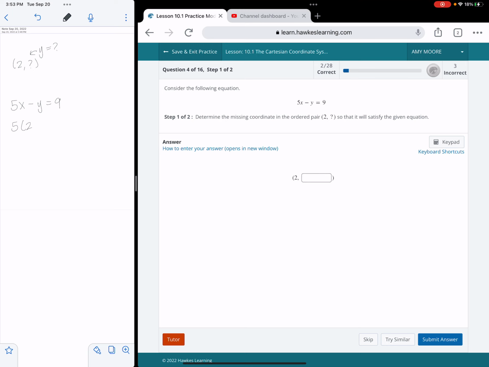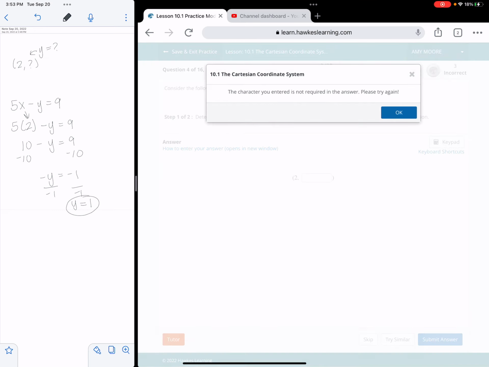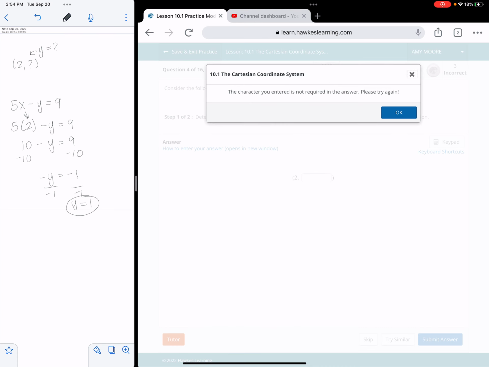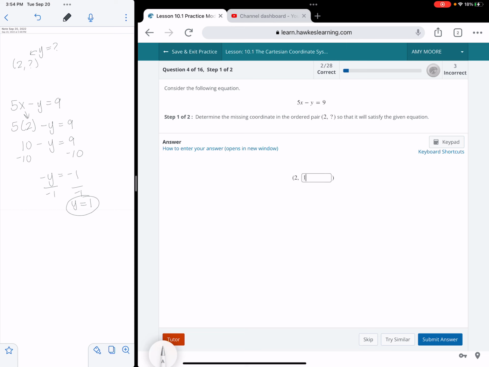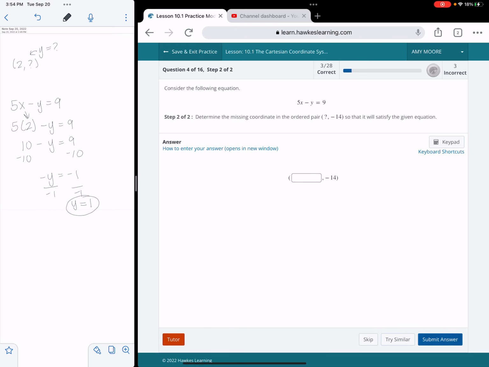So x is 2 because it's in the first place: 5 times 2 minus y equals 9, 10 minus y equals 9. Subtract 10, I'm going to divide by -1 and get y equals 1. And so this one, I would just type in a 1. I don't know why it's not liking that. There we go. Okay?